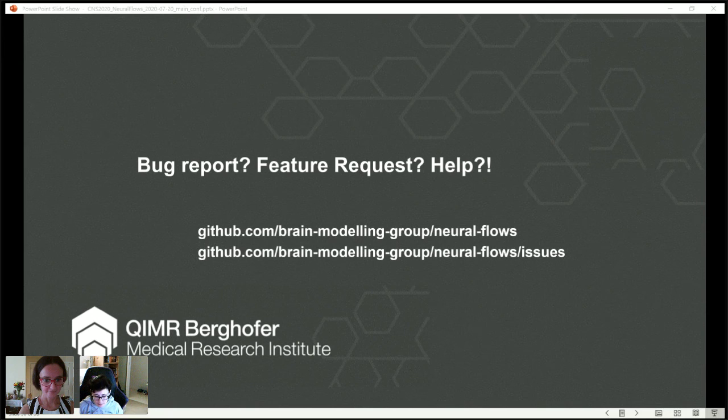As for the second part of the question, separate statistics for positive and negative values. I guess you could do that, but these flows actually look at spatiotemporal derivatives, so I'm not sure why you would separate positive and negative values, but sure, you can do that.